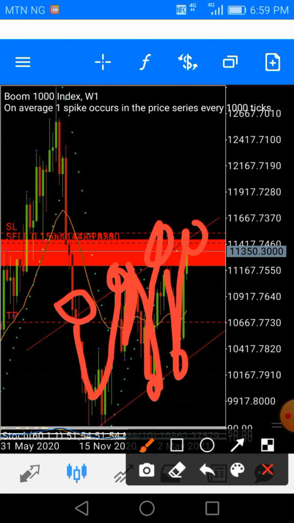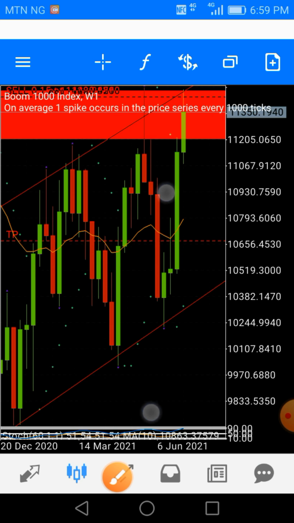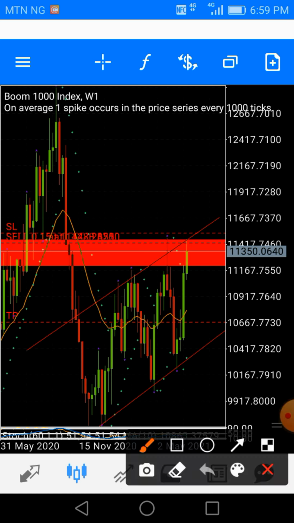That is the second point. Now if you look at the candle, you will see that on the 23rd of May there was a candlestick here, look at it here.